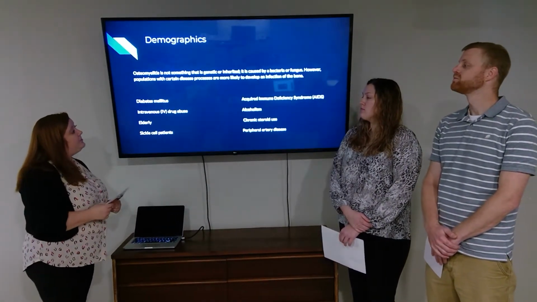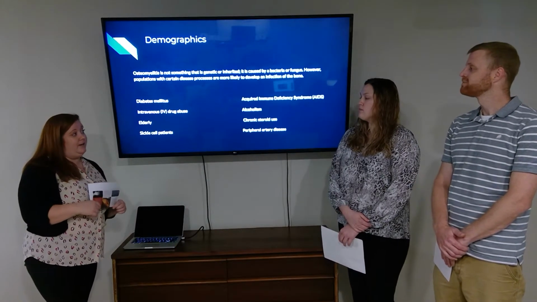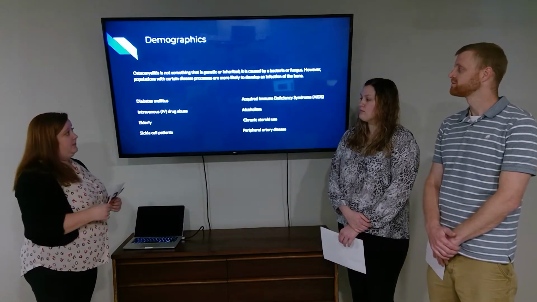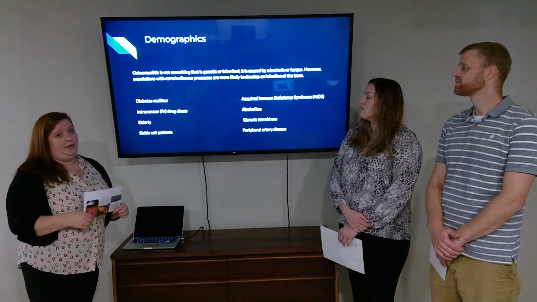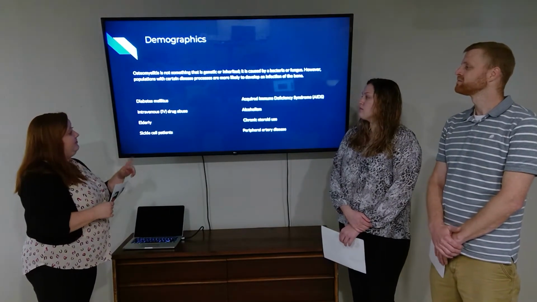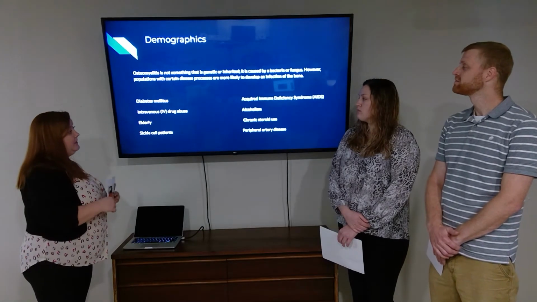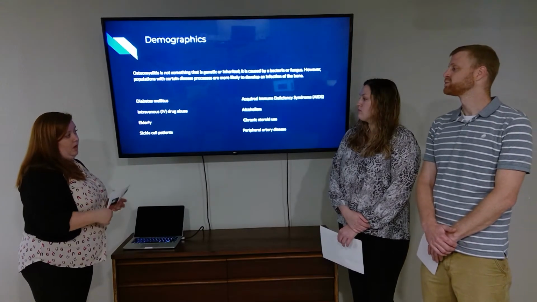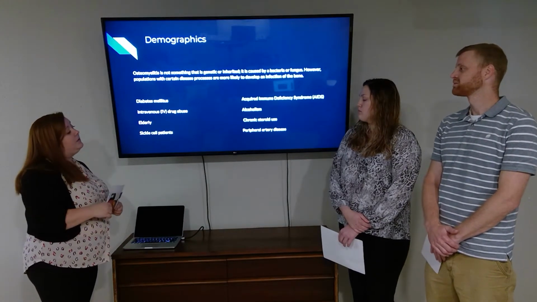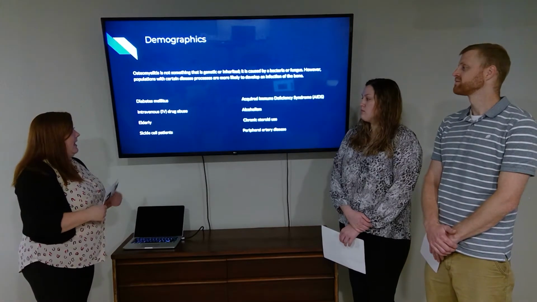There's a few demographics that are more likely to develop an infection of the bone. It's not something that is genetic or inherited. It's usually caused by bacteria or fungus. As you can see, there are a few risk factors: people with diabetes, immunocompromised like AIDS, alcoholism, chronic steroid use, peripheral artery disease, sickle cell patients, and the elderly.